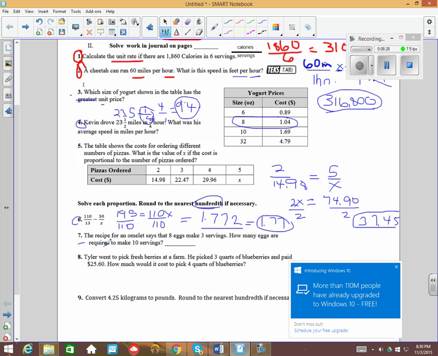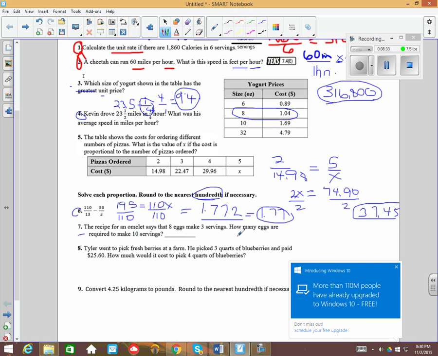Looking at number 7. The recipe for an omelet says 8 eggs makes 3 servings. How many eggs are required to make 10 servings? You see here it's eggs over servings. You're given 8 eggs for 3 servings. The question is how many eggs, so X has to be on top, and we get 10 servings. What you do here is cross multiply. You multiply the 8 times the 10 using the cross products method, and that's 80.